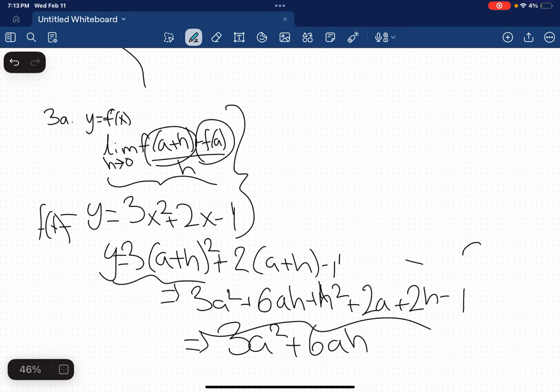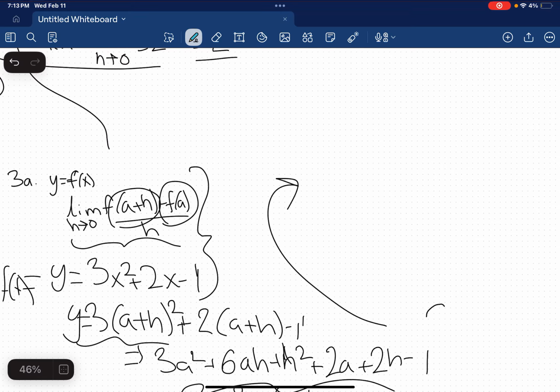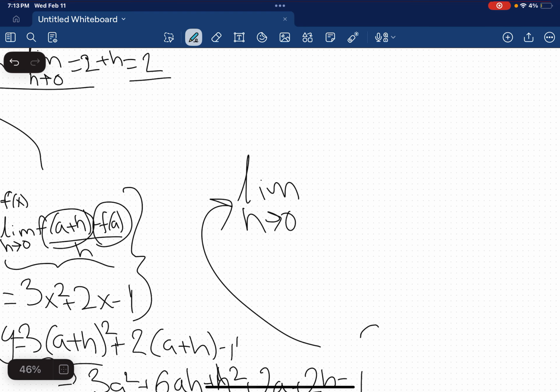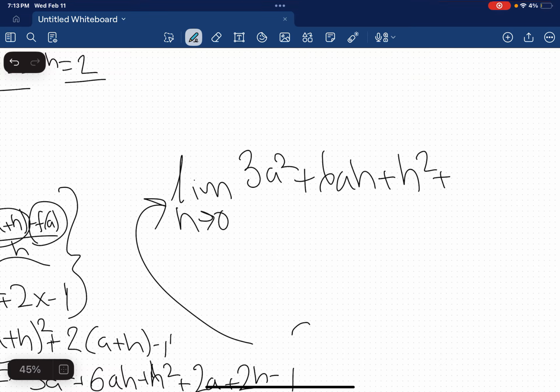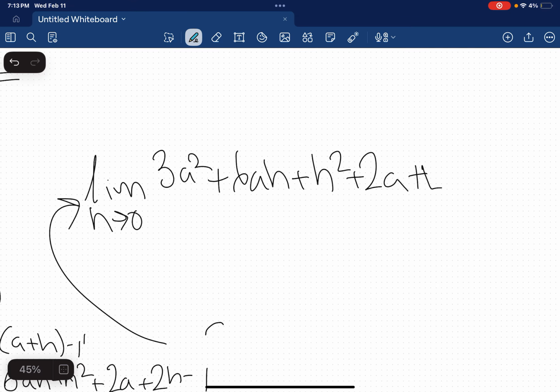Okay. Well, let's bring that up here. So now we're going to have the limit as h approaches 0. Over here we have 3a squared, man, this is going to be a lot of work, plus 6ah plus h squared plus 2a plus 2h minus 1.